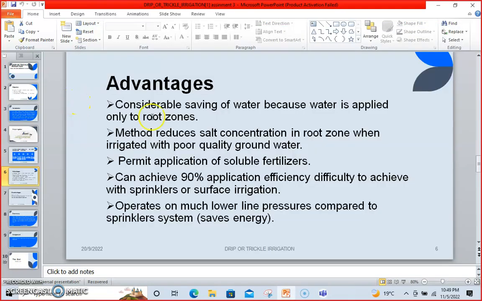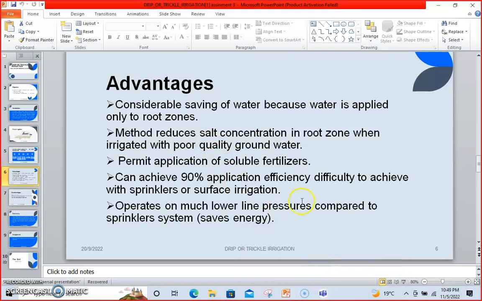So it can save water. Also, it can reduce salt concentration because water will be flowing through the roots down deep. Then also when you're using soluble fertilizers, it is good because it will allow them to dissolve.